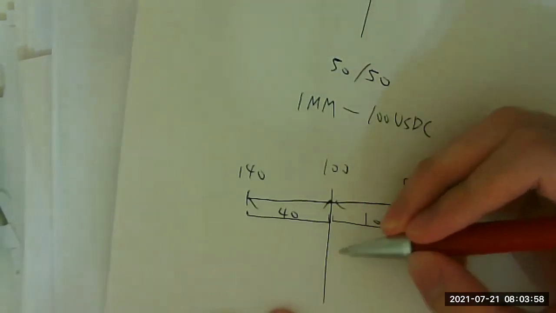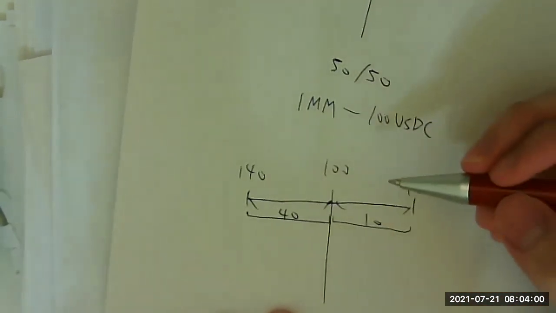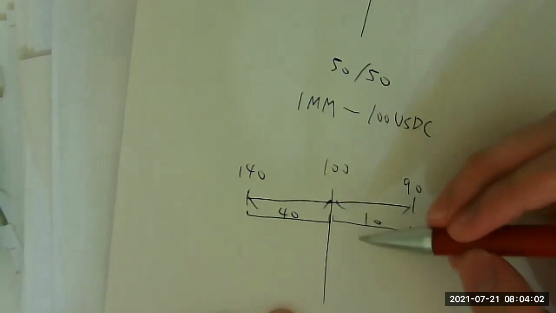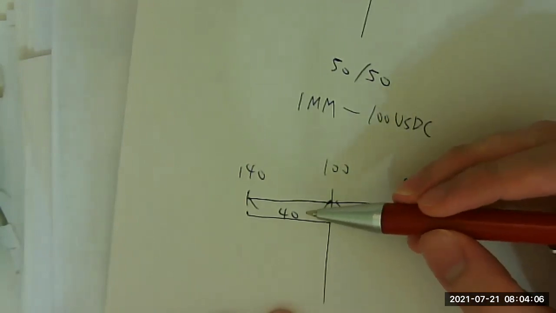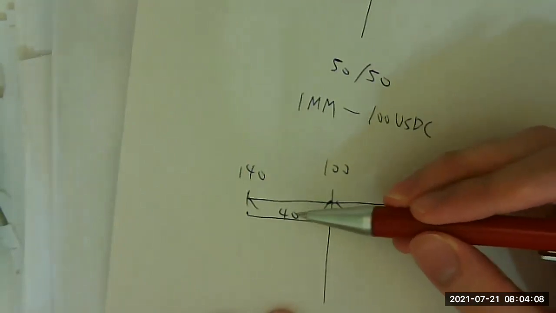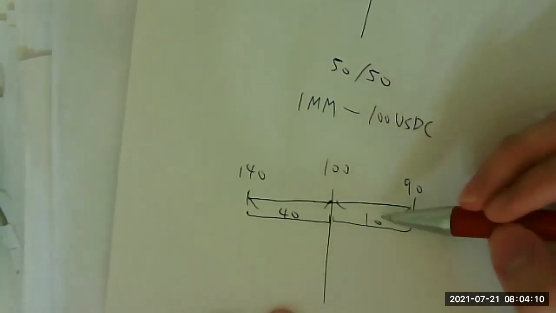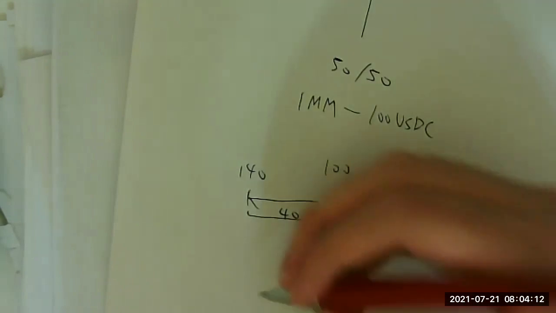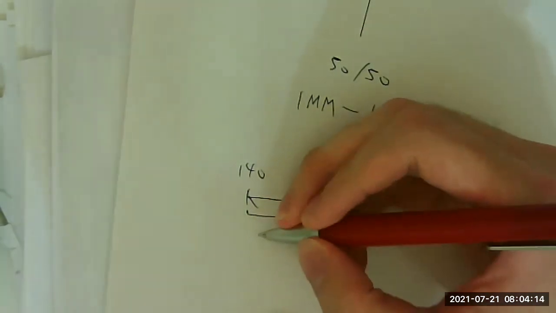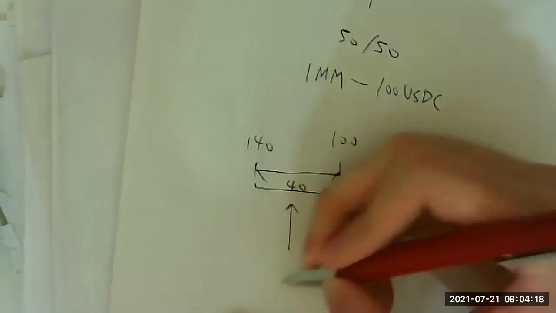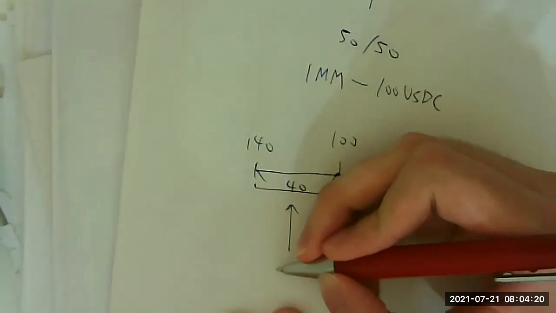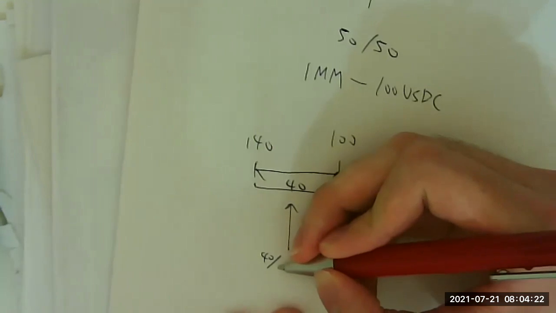Then the ratio between the two currencies will basically be the ratio of these two differences. So this part will occupy 40 over 50.